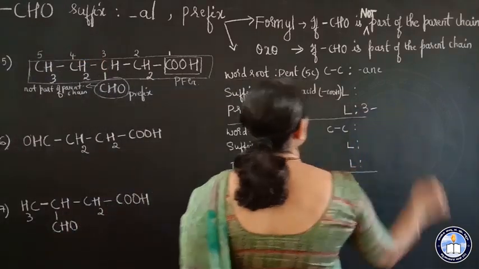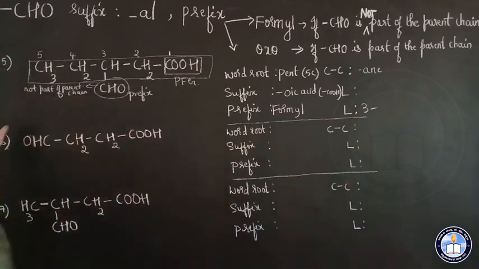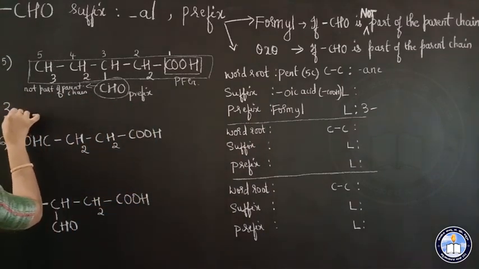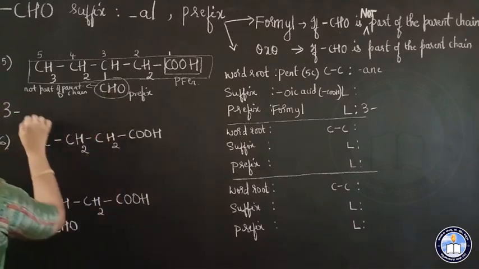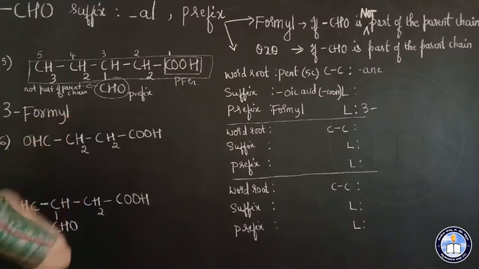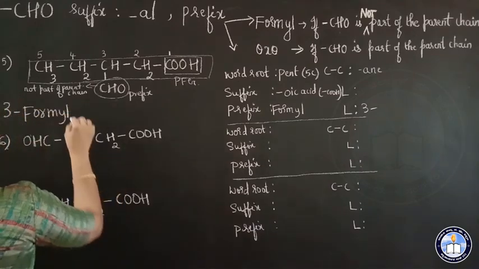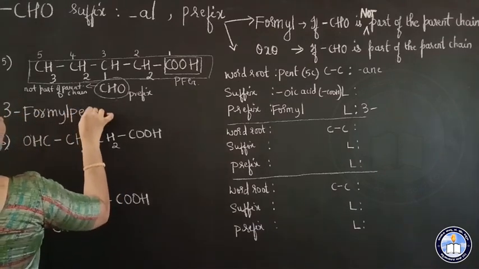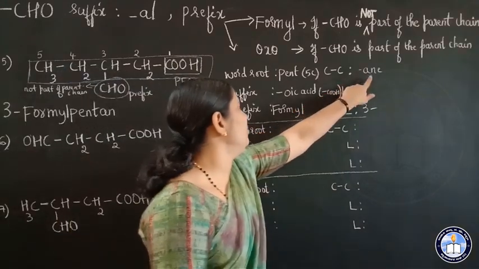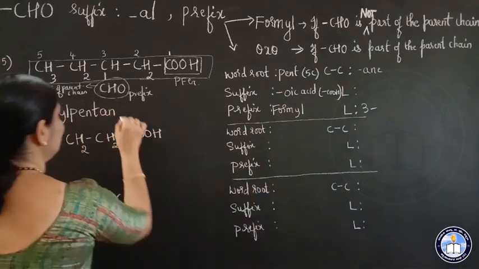So locant is 3. Now we will write the IUPAC name. Locant 3 dash formyl. So prefix is over. Now word root pent, then AN, E is removed and oic acid is written.